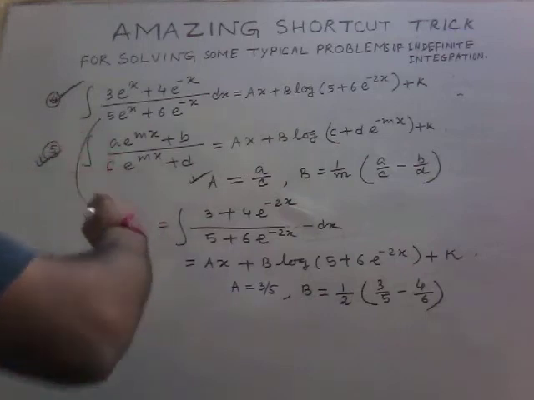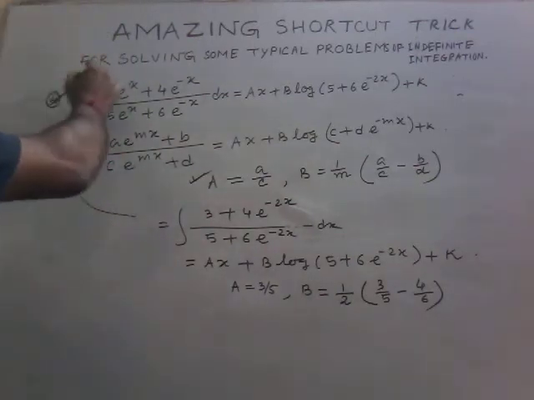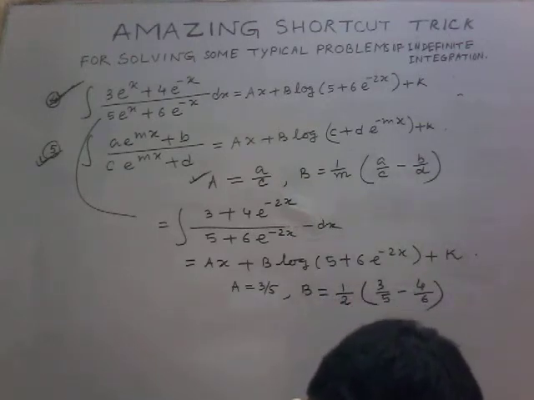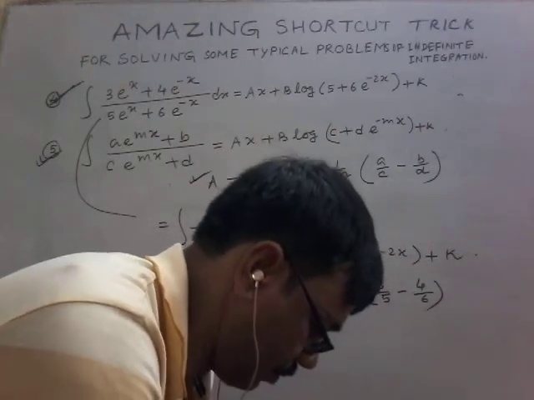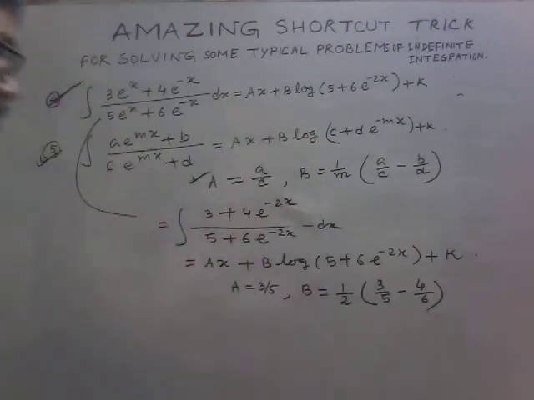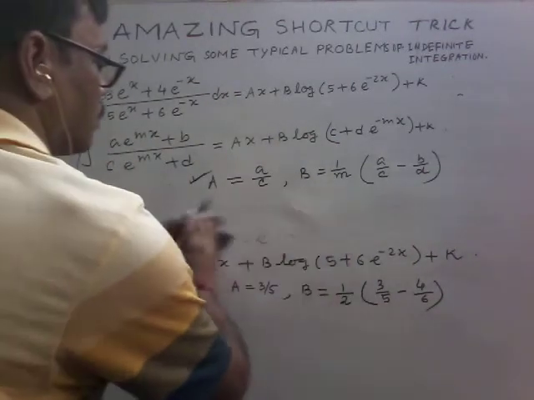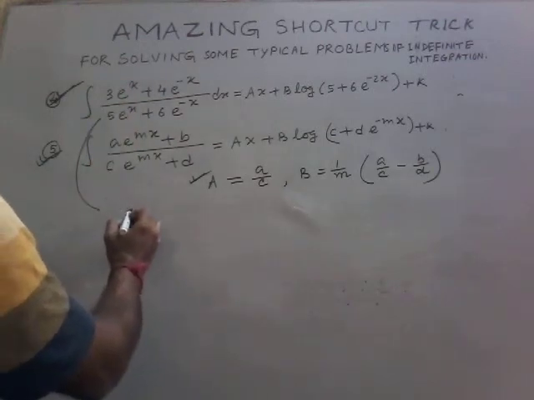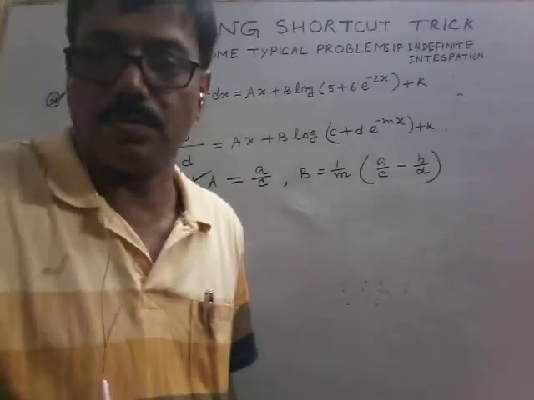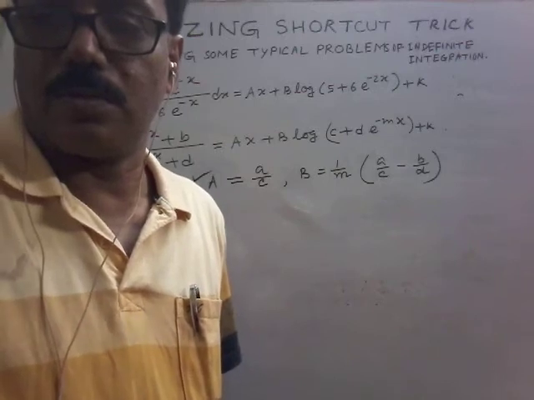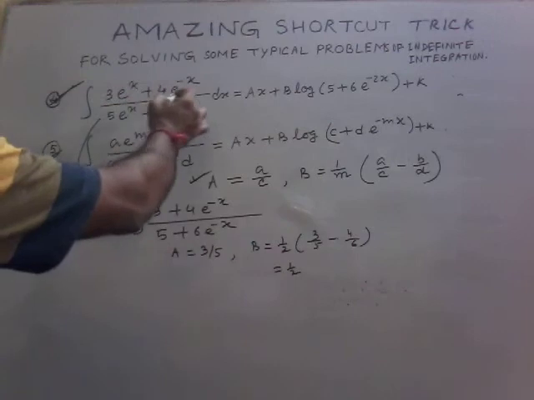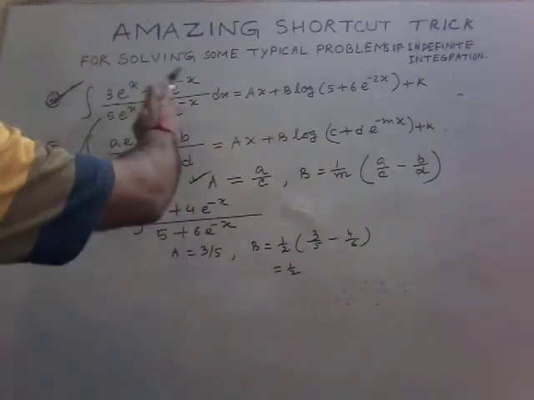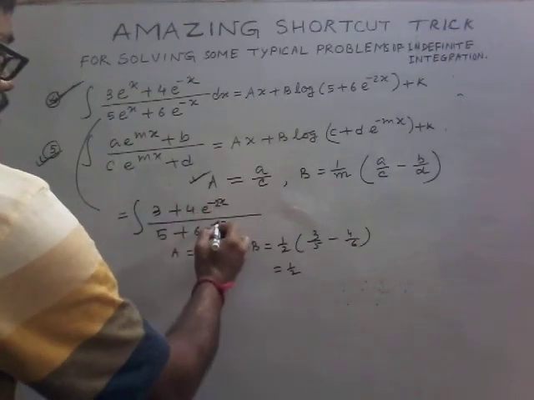So we consider problem number 4. Multiplying by e to the power minus x, we get the form of this.